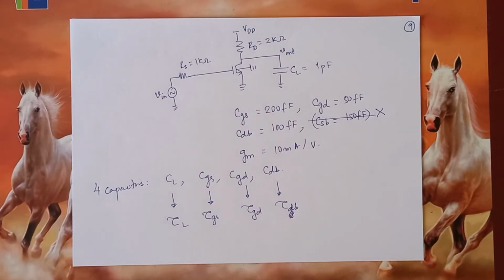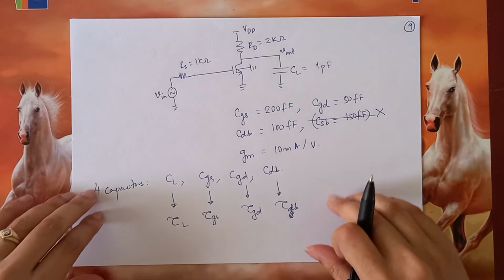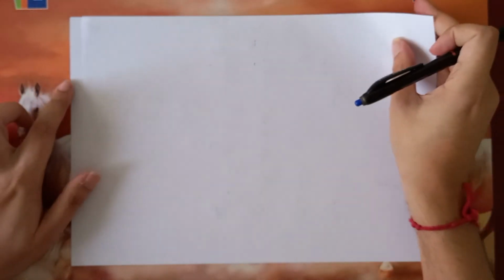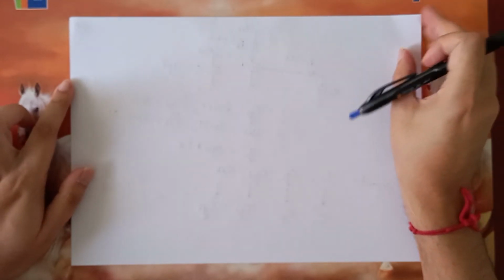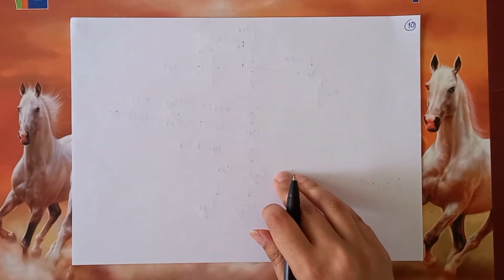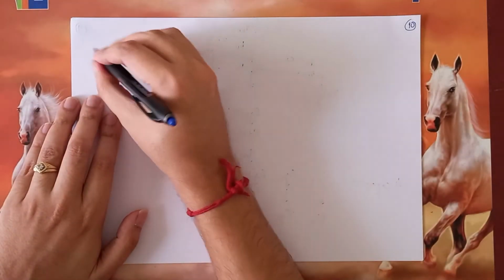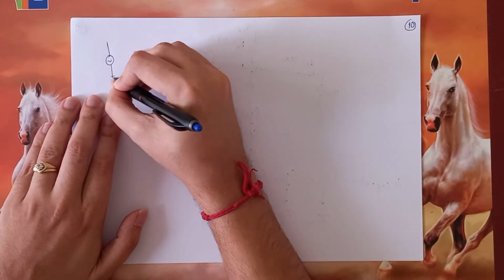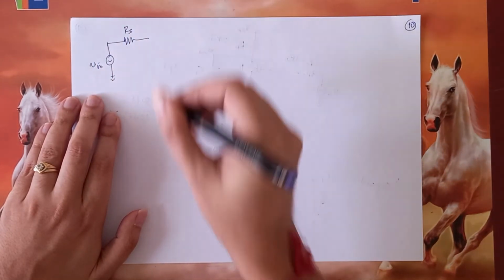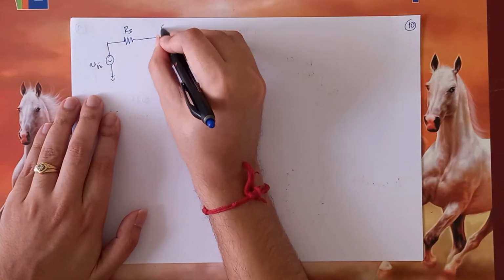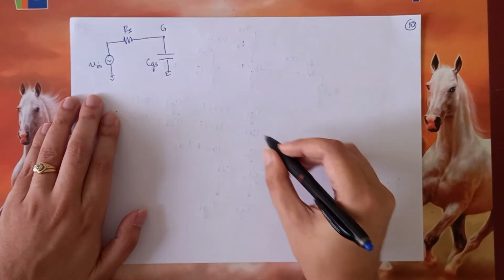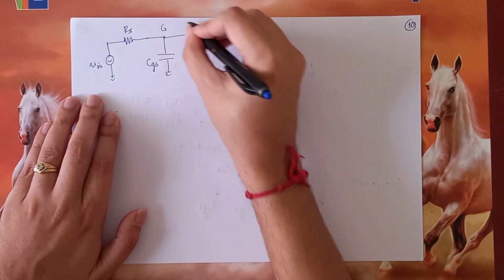There are 4. So therefore, let us quickly draw the small signal model and incorporate all of this. So first thing is V in. We should not miss a single resistance. Then comes the gate. We have CGS. Here is CGD.